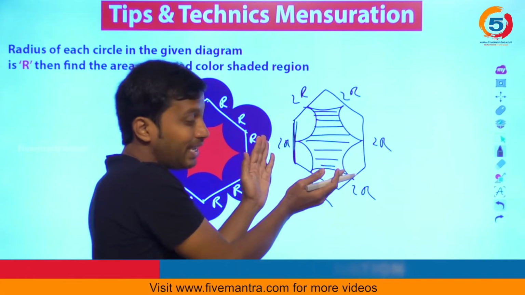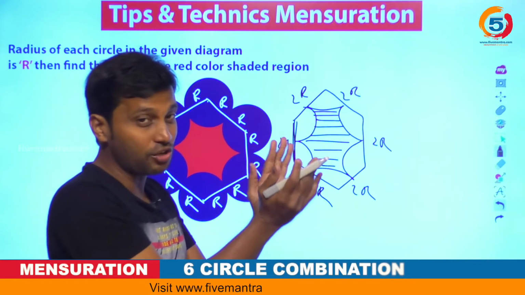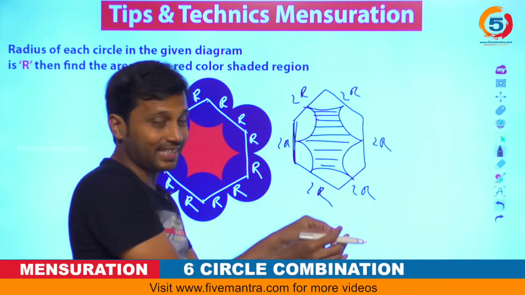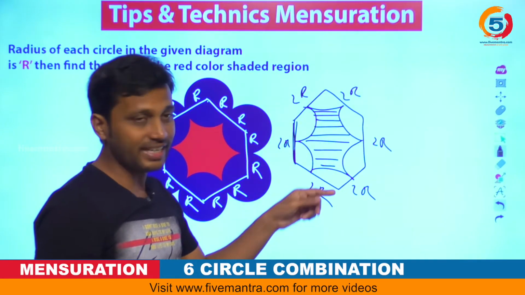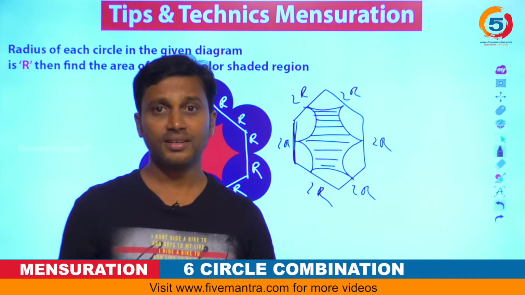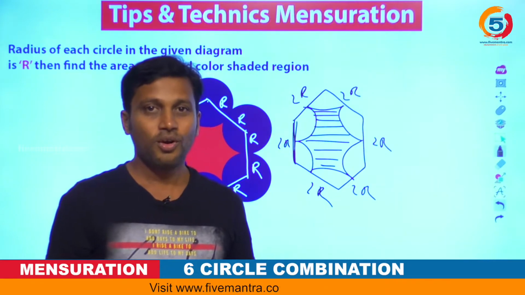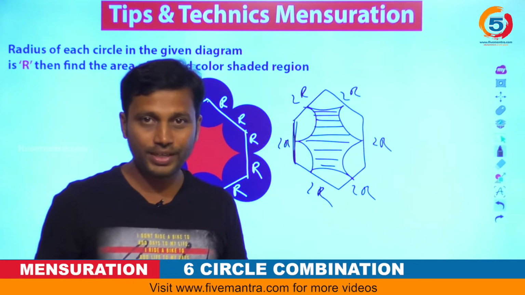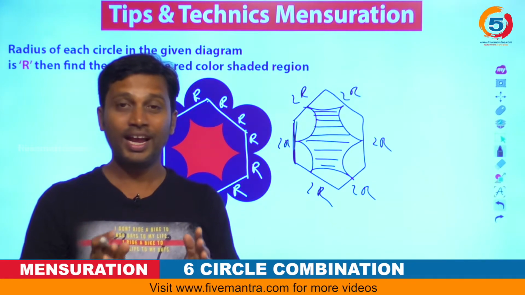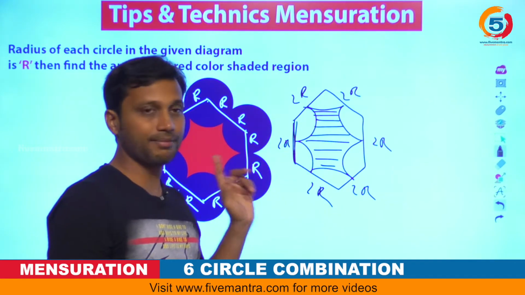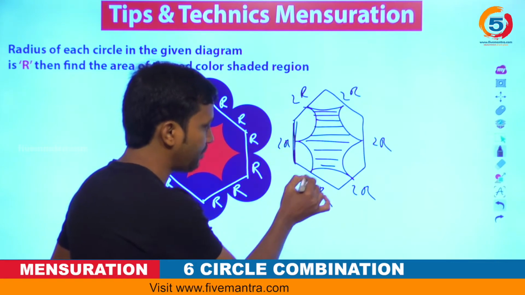If from the area of the regular hexagon you subtract the 6 unshaded portions, you get the shaded region, right? So here we need awareness of the regular hexagon and what the shapes are. Again, suppose I separate one.